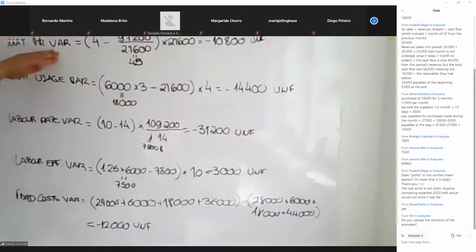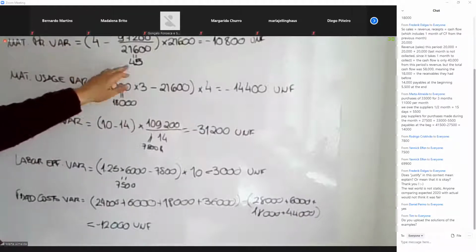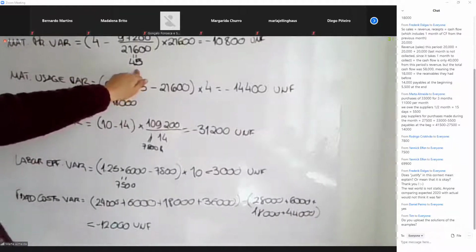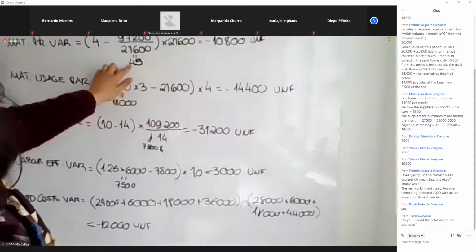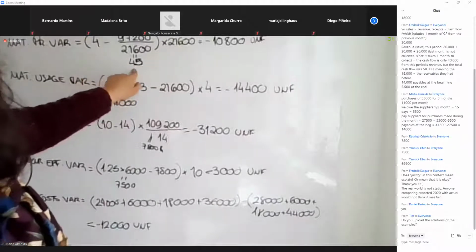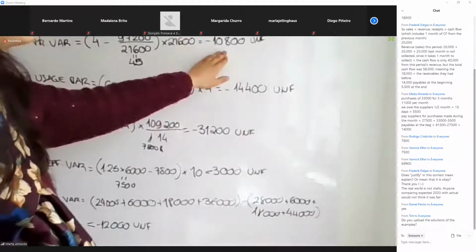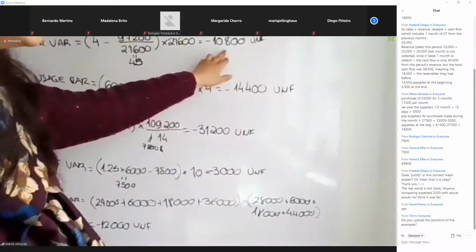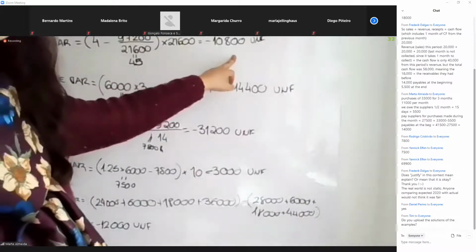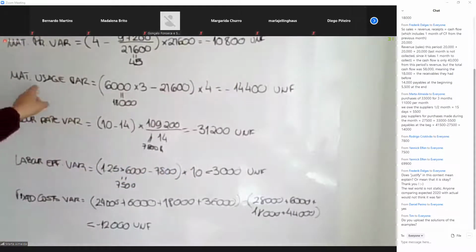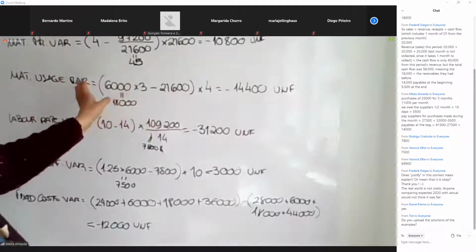And then we look at the price of materials. Well, we purchased the materials 50 cents higher than what we expected. And that caused an impact on profits of £10,800. Okay. And the materials were of poor quality.